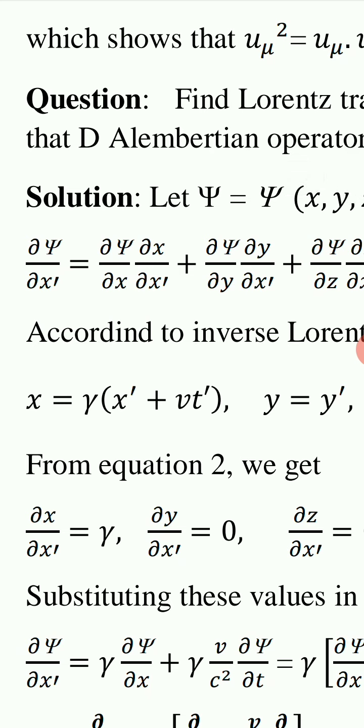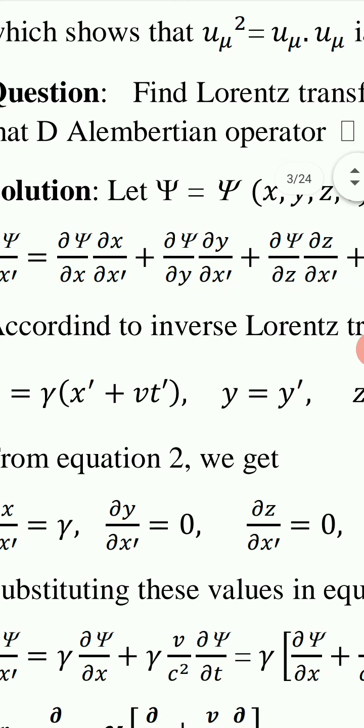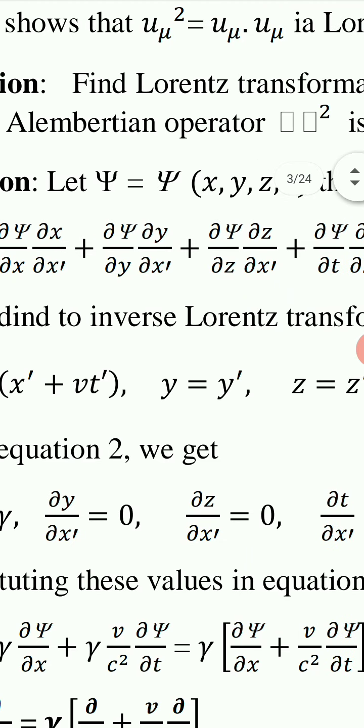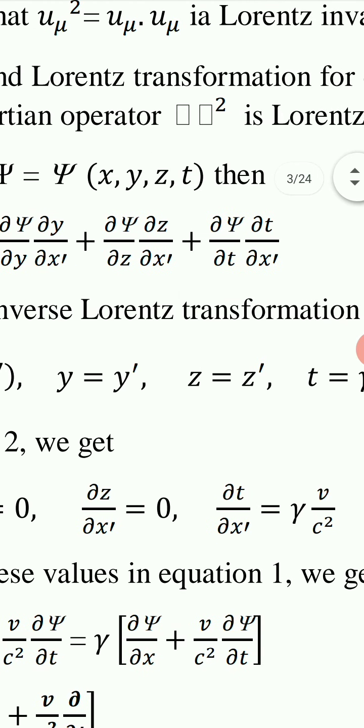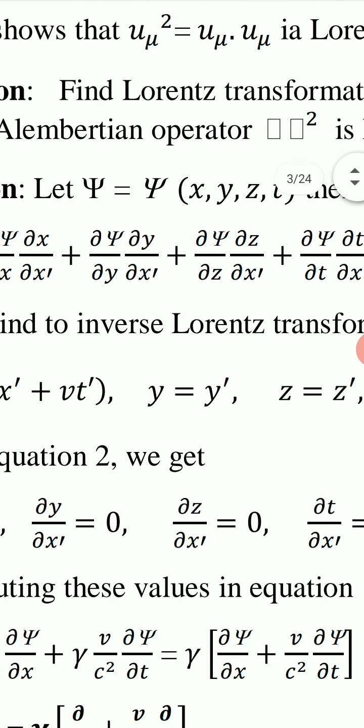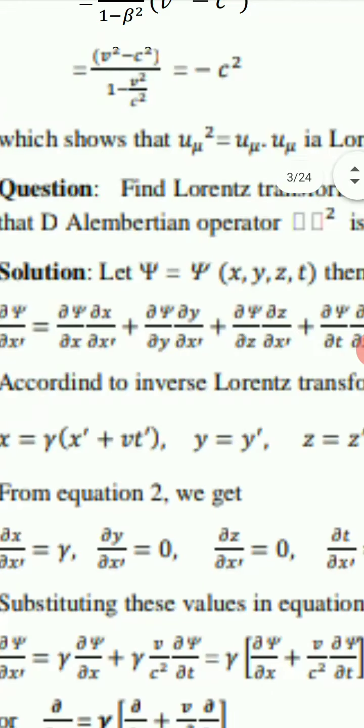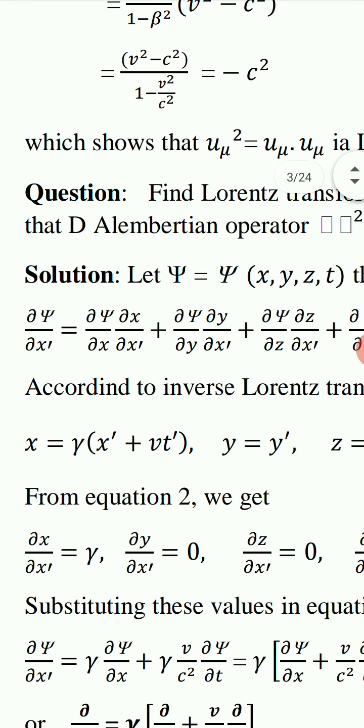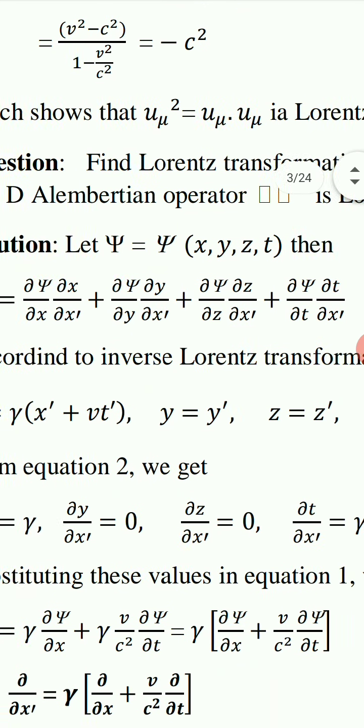In the first term we have differentiation of psi with respect to x, in the second term with respect to y, in the third term with respect to z, and in the fourth term with respect to t. So delta psi upon delta x dash is equal to the sum of these 4 terms.